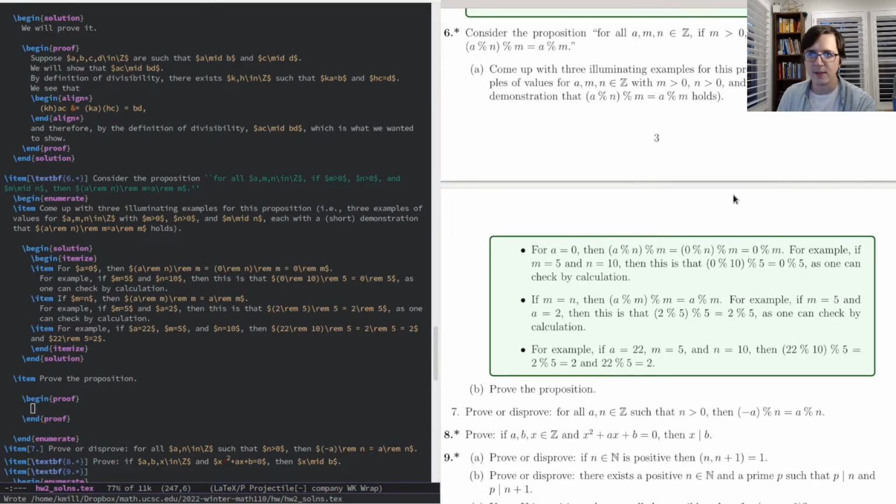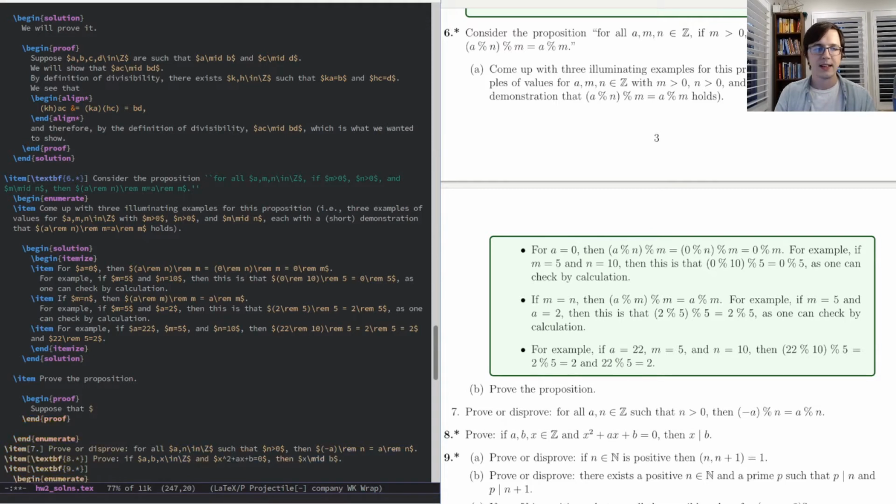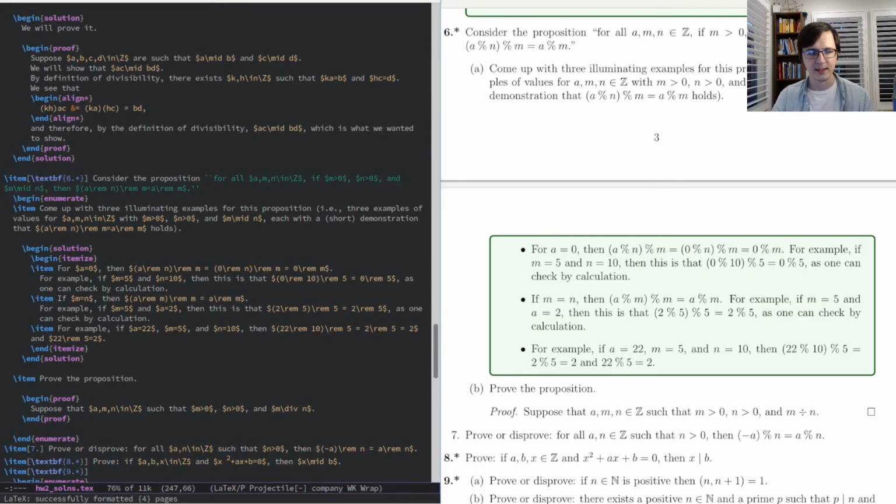Okay, let's prove this proposition. Let's suppose that a, m, n are integers. So we're introducing our variables and hypotheses such that m is greater than 0, n is greater than 0, and m divides n. Now I think I'm supposed to be doing div.